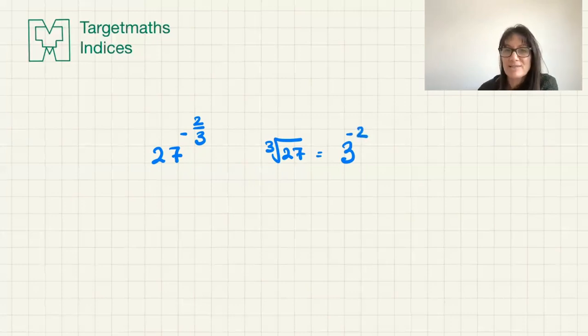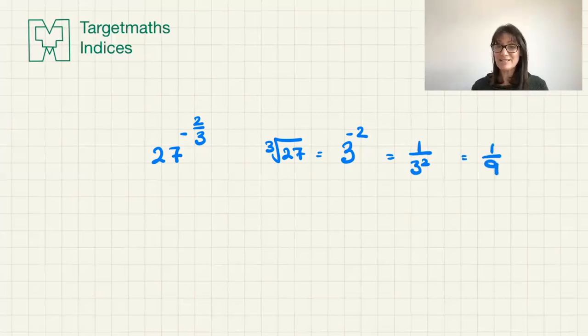I haven't done anything with those, and it creates 3 to the negative 2. Now I can just go into my negative rules and what I understand there. So that will become 1 over 3 squared, which will become 1/9. And if you got that right, just really well done. It's just having that confidence to go through each step carefully and put that trust in the result, doing the next step on it.